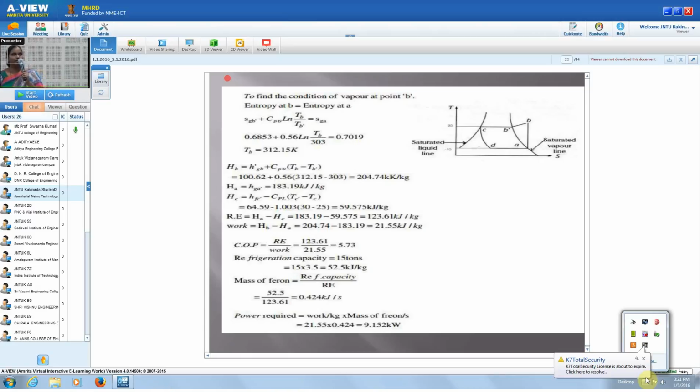So the power requirement for 15 tons of refrigeration is 9.152 kilowatt. In this problem, the only difference between the previous one and this one is that at the suction of the compressor, the refrigerant is in dry and saturated vapor condition. Okay, and also the refrigerant is subcooled by 5 degrees centigrade. Then next.